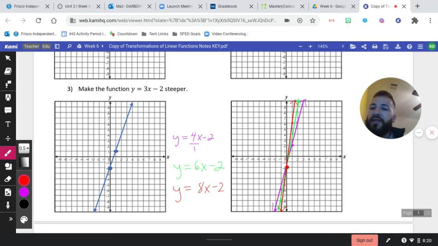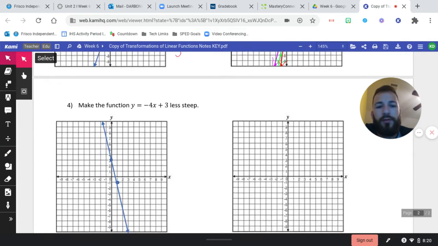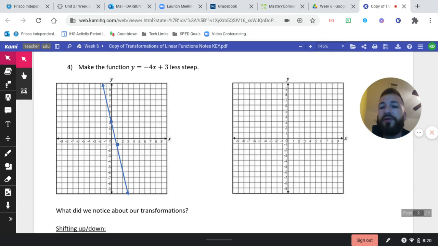Let's look at another example over on the back of our notes. We want to make the function y equals negative 4x plus 3 less steep. To make a function less steep, I want it to go from a very steep one, kind of like a hill you're running down, to a more gradual one, almost as close as I can get to flat.